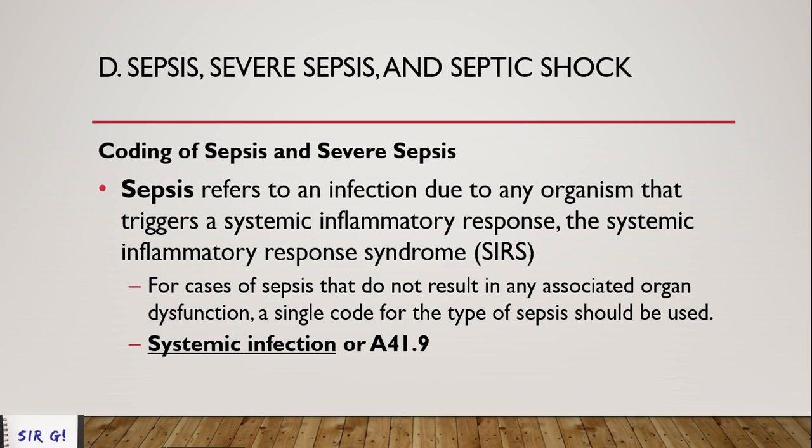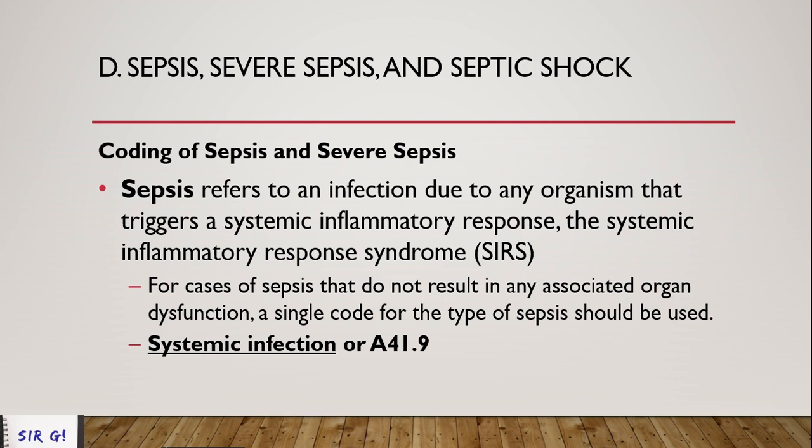So sepsis comes first. If your sepsis results in an organ dysfunction or there's already a multiple organ failure, it may lead to your severe sepsis. And your severe sepsis may lead to your septic shock.